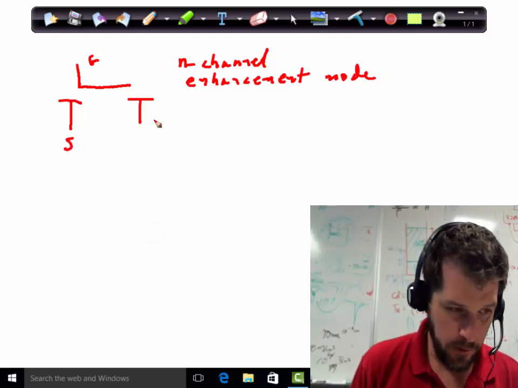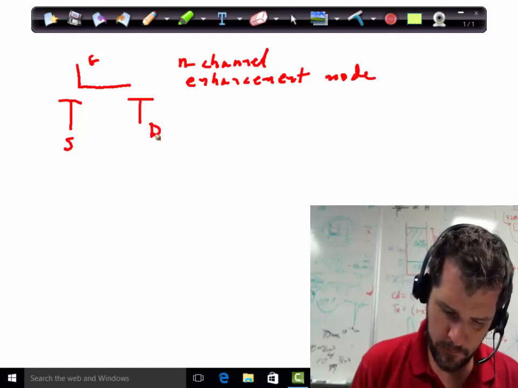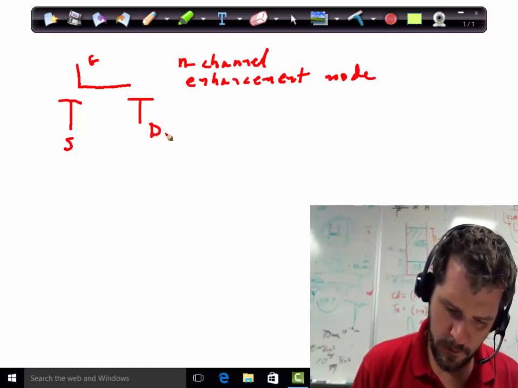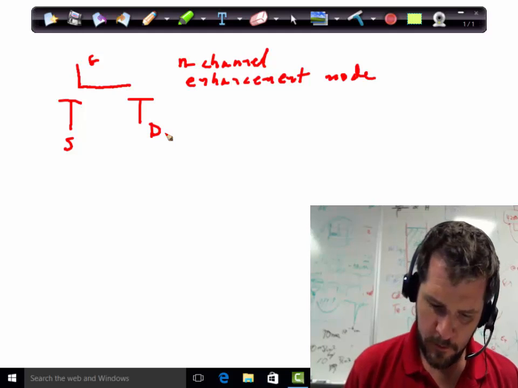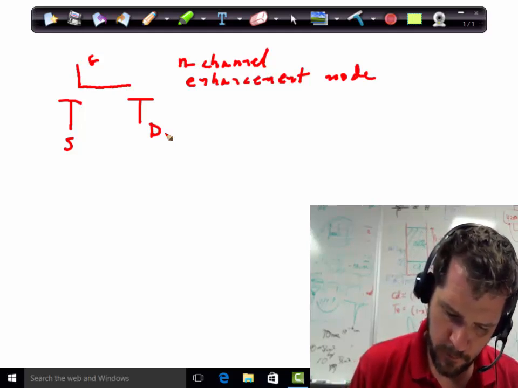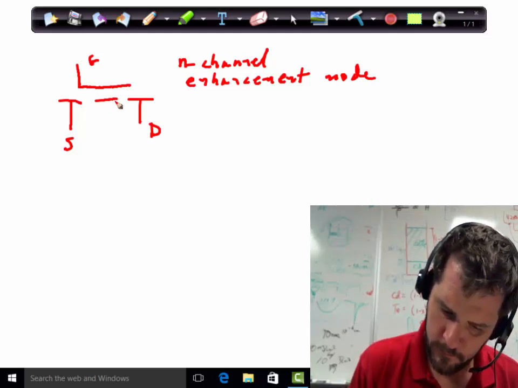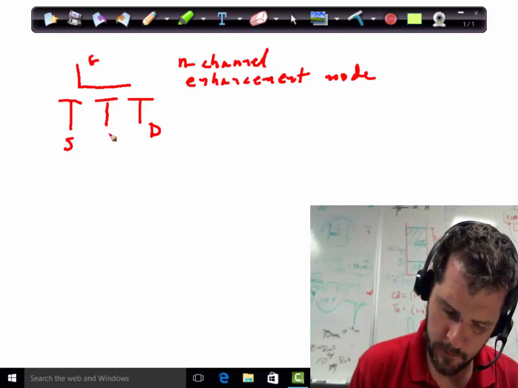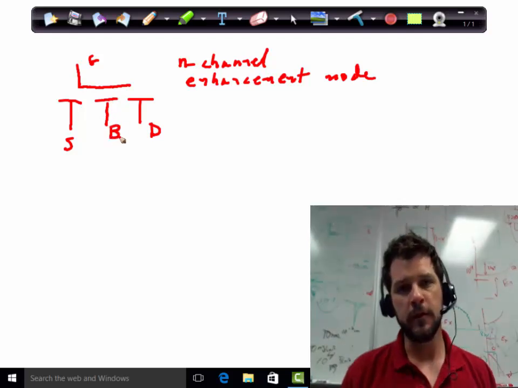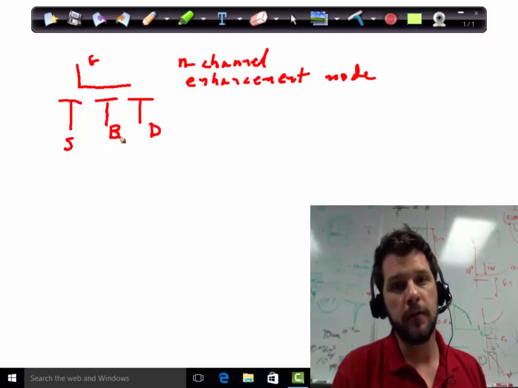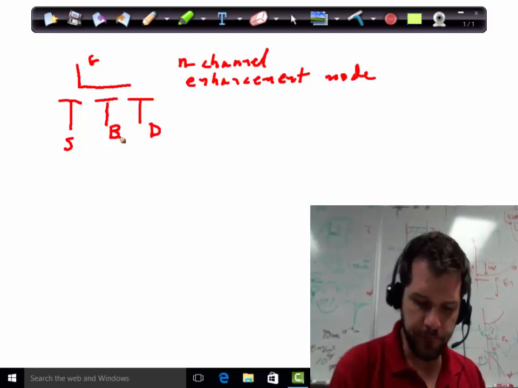The primary three terminals are the source, gate, and drain, and later in the discussion we can also talk about another terminal, the body, which can also be used to adjust the threshold voltage of the device.